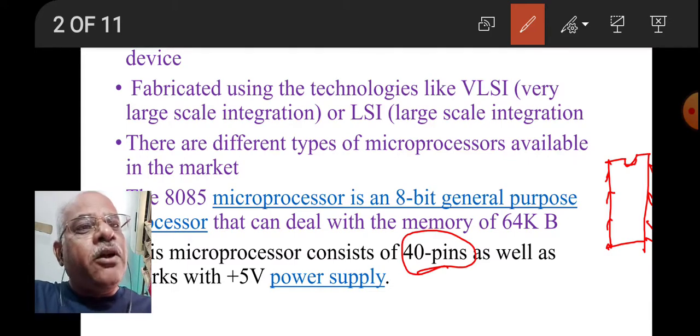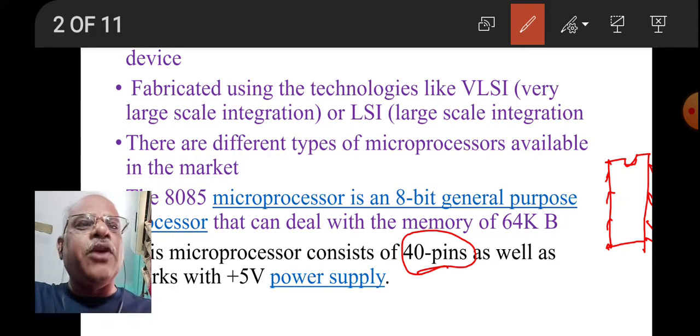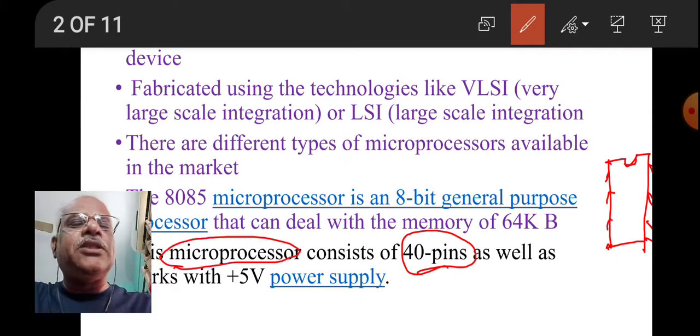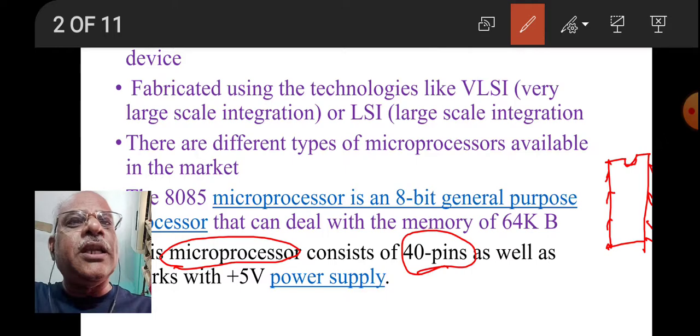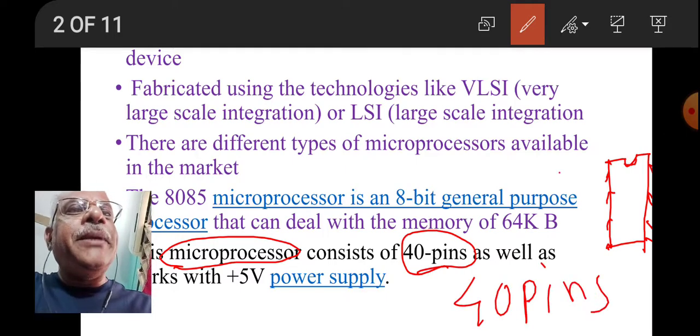The number of pins available on a particular chip depends on how many connections we need from the outer world to the internal world of the IC. For this microprocessor, Intel Corporation has designed it with 40 pins, meaning 20 pins from this side and 20 pins from this side.